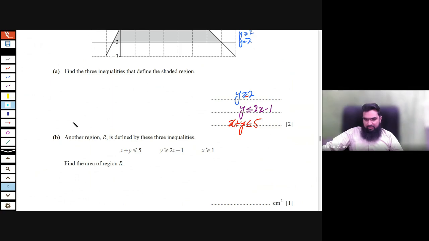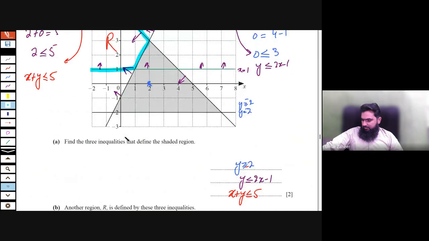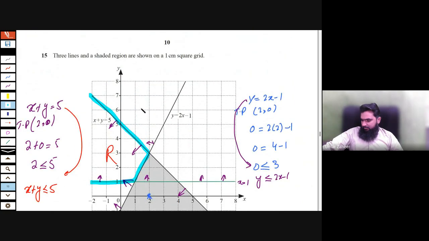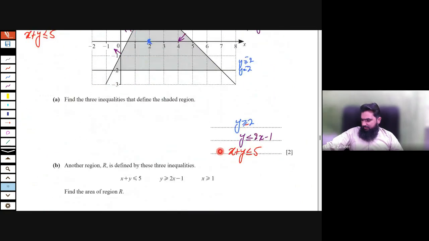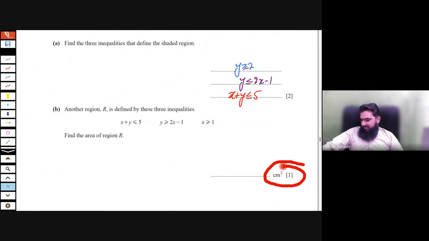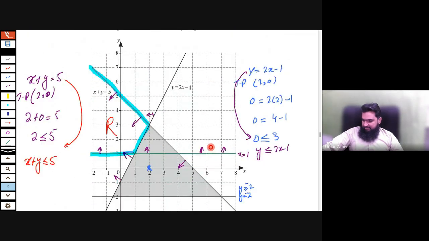He says find the area of the region R. 1 centimeter square. Yes. Any of you having an idea? The method that I have in my mind is a long method, but it's just one mark. This means we should be able to do it with a shorter method.